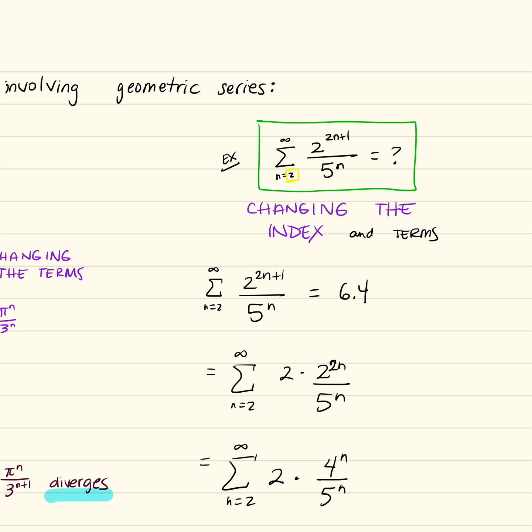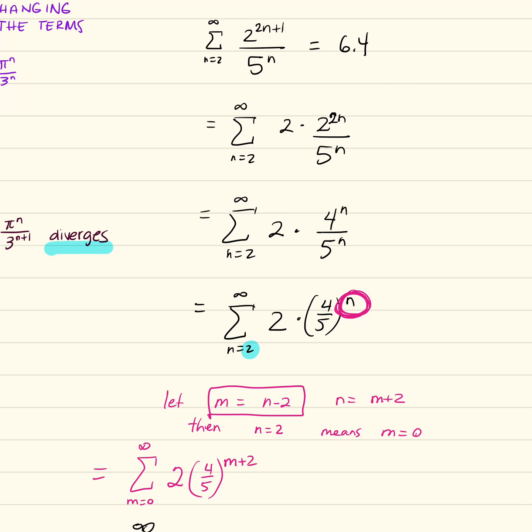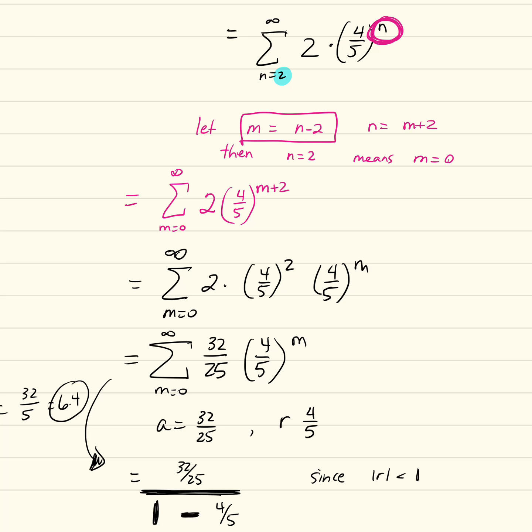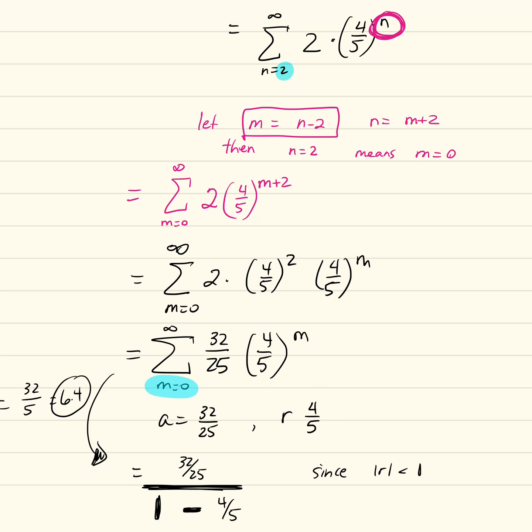And then it could get really challenging where you've got to do work with changing the index, right? So the index is what we call n. We did a substitution and we switched our index to m so that we are in a form where we're starting at 0 and we've got an r to our index times a constant, right? Because that's what we need in order to be able to apply our formula.